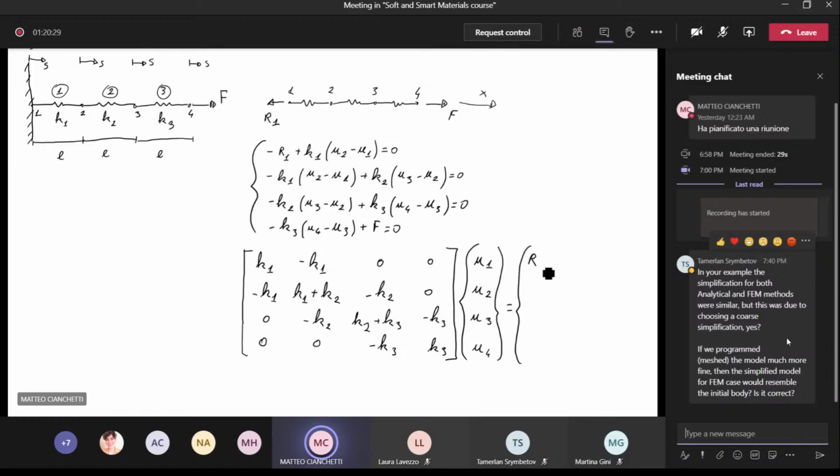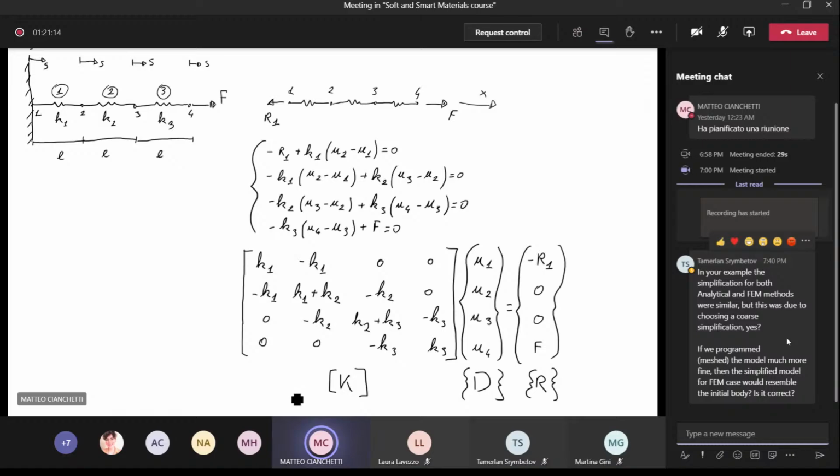In this case it is minus R1, 0, 0, F. In a more contracted way, we can also refer to the matrix and the two vectors this way. This is K, capital letter K, the vector D, and capital letter R. K is the global stiffness matrix.